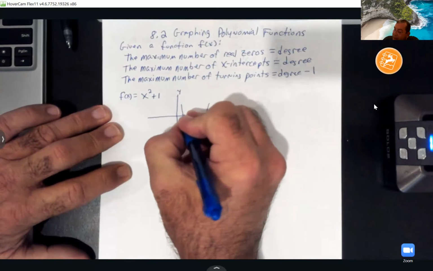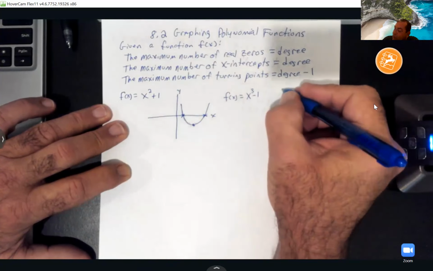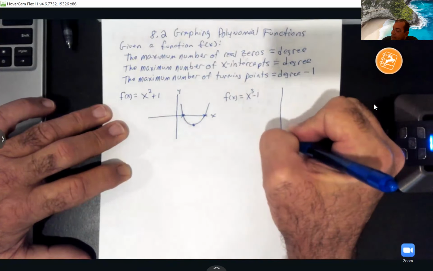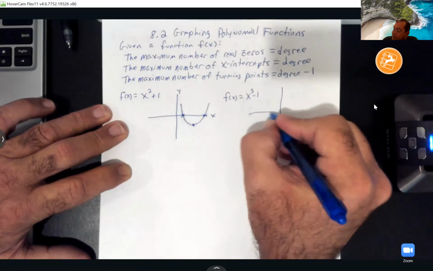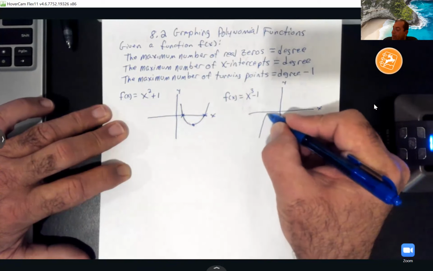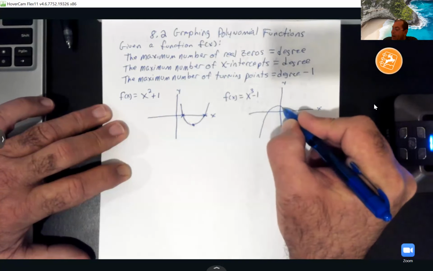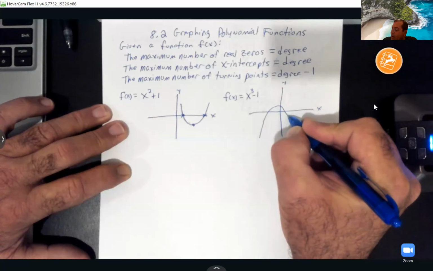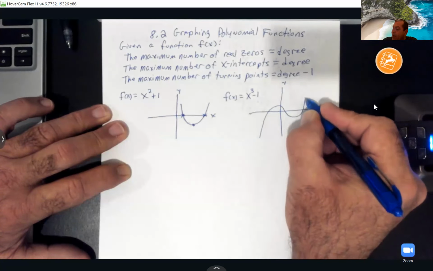Now, if I had an x to the third, say x to the third minus 1. So let's see what that's going to do. So x to the third might come up, cross the x-axis, turn down, and then it's going to turn up again.